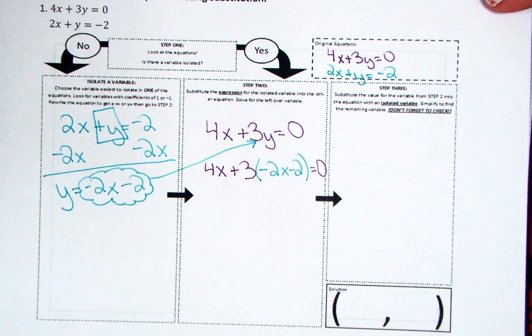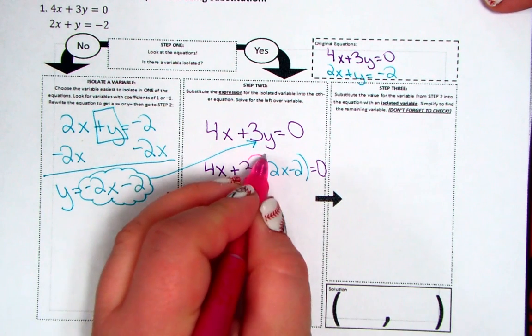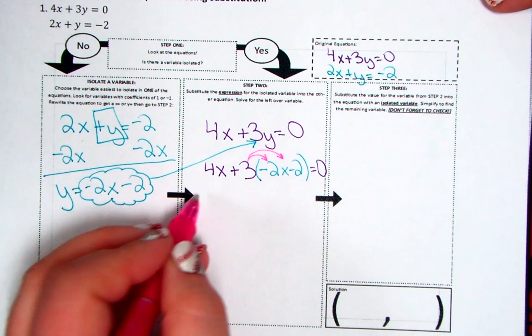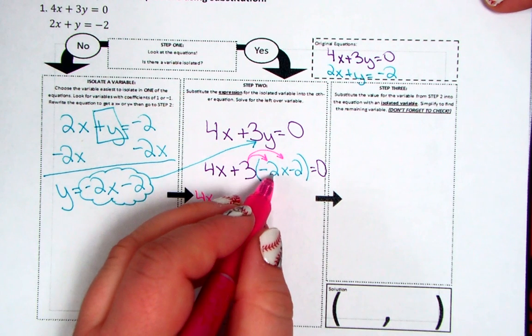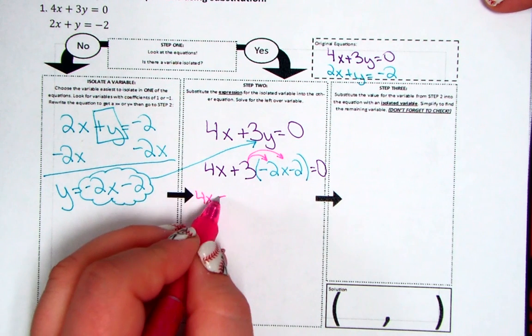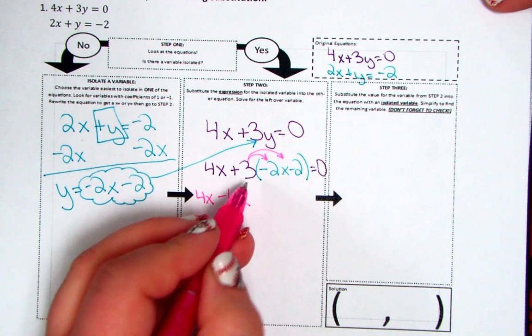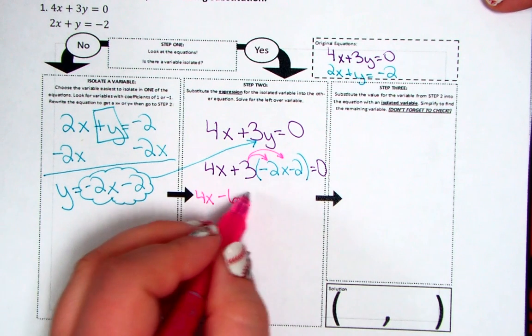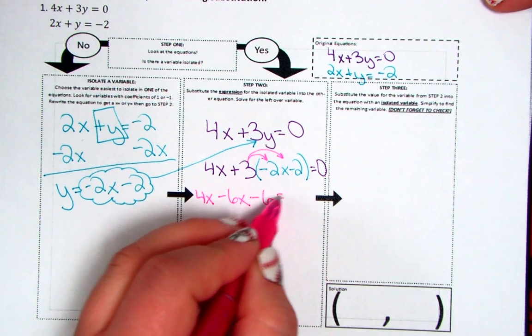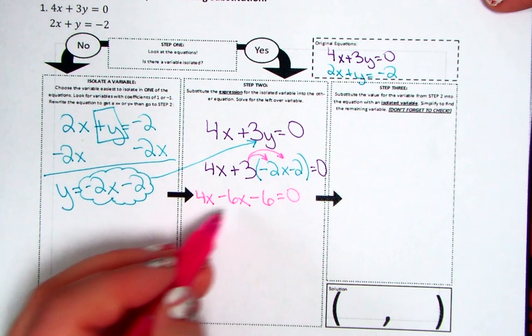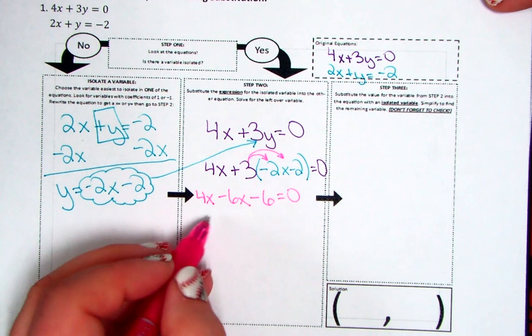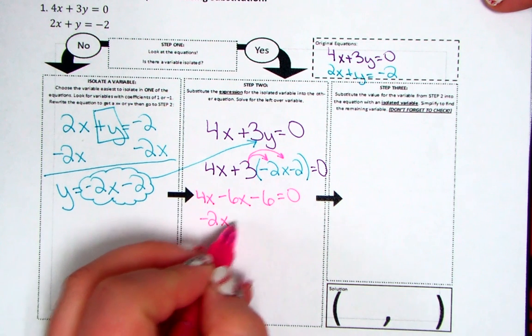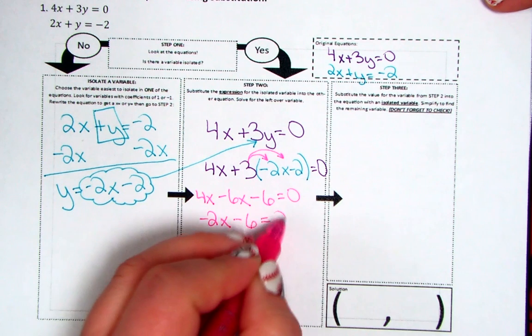So to solve this, we need to distribute. 4x. 3 times negative 2x gives me negative 6x. 3 times negative 2 gives me negative 6. We have now like terms. 4x minus 6x gives me negative 2x minus 6.